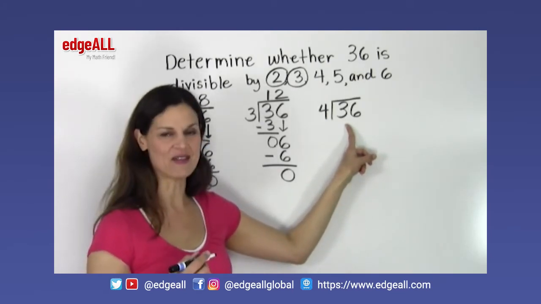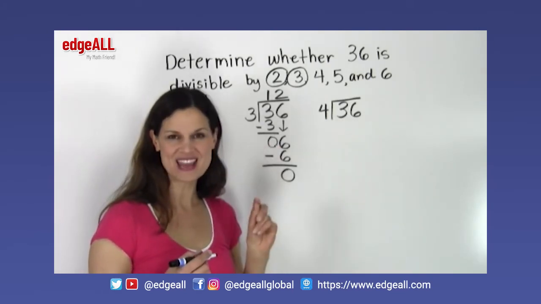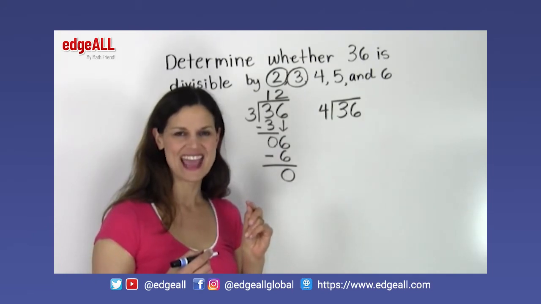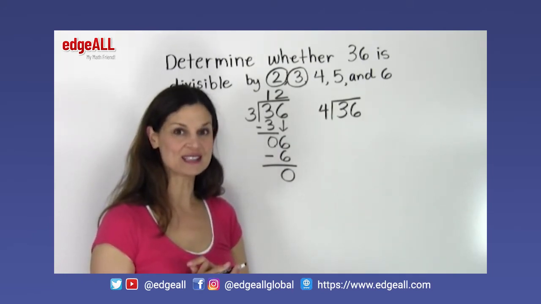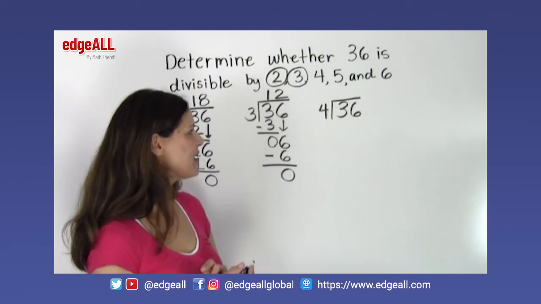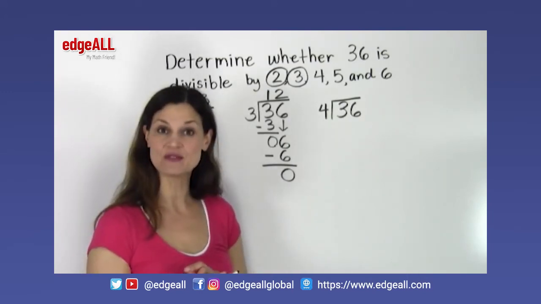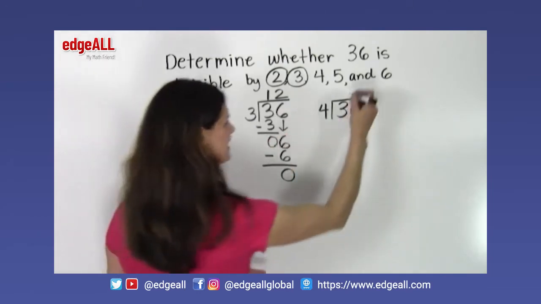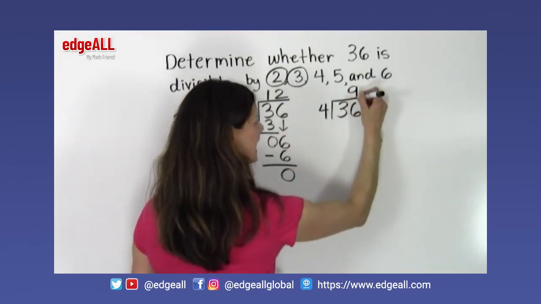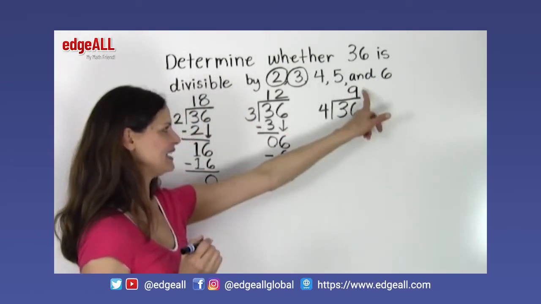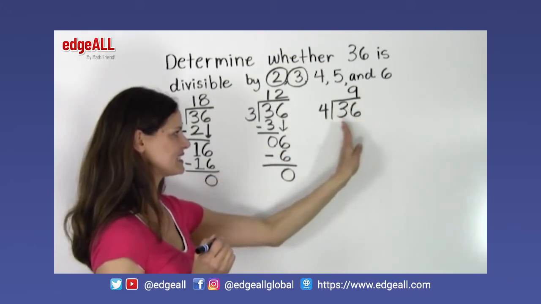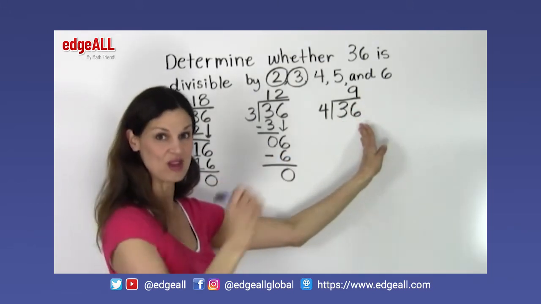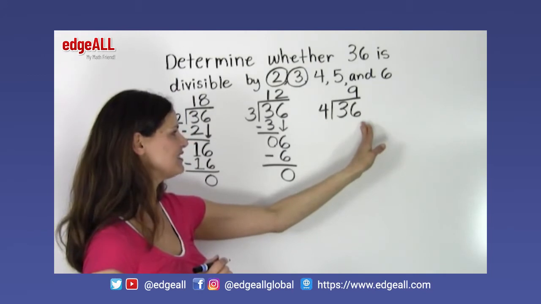Since I have all of my multiplication tables memorized, as I'm sure you do too with lots of practice, I know that 9 times 4 equals 36. So 36 divided by 4 equals 9. I can place that 9 right here above the 6 since I started by moving over to the second digit to do my division.